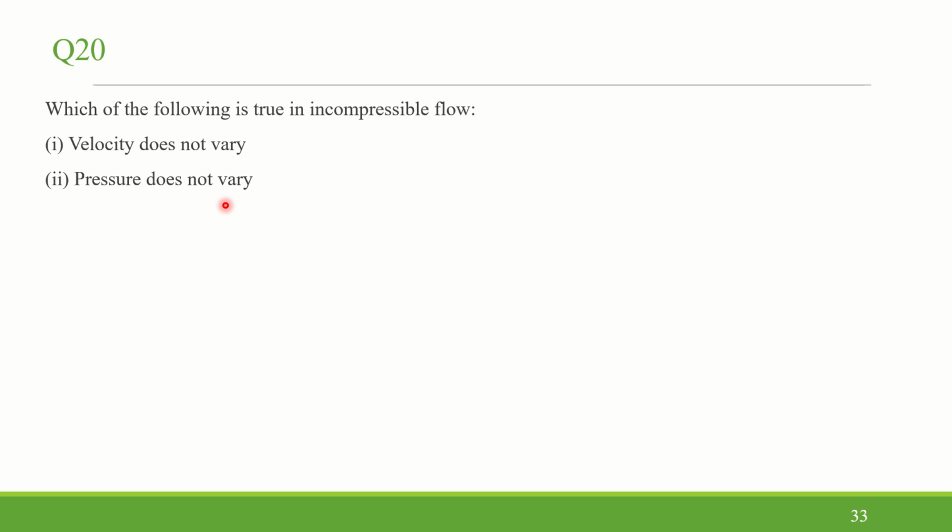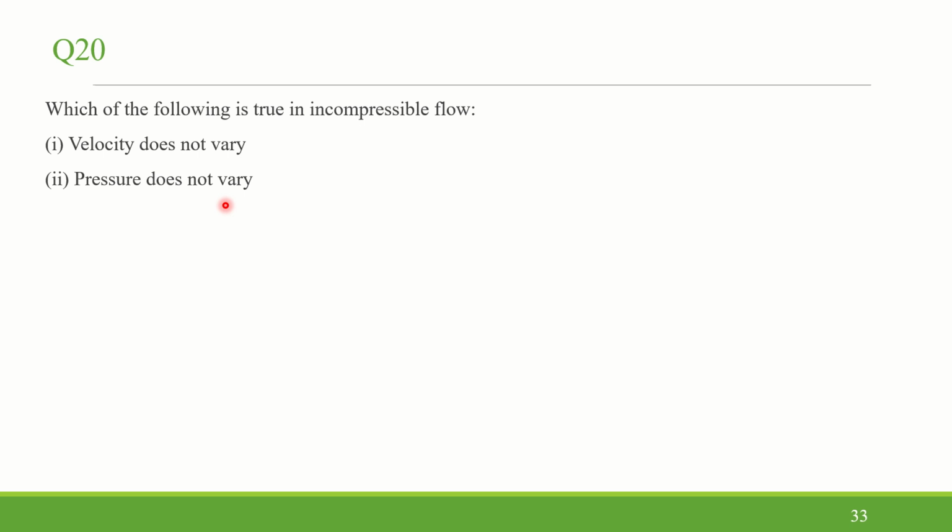So we are asked which of the following is true when we are dealing with incompressible flows. Let us now consider flow through a cylindrical pipe. We are passing fluid at some 5 meters per second at one end and it is reaching the other end. Here it is like a pressure driven flow.